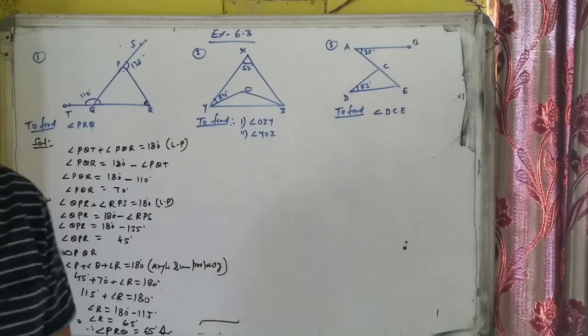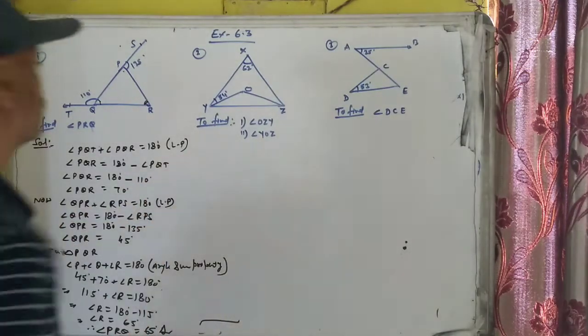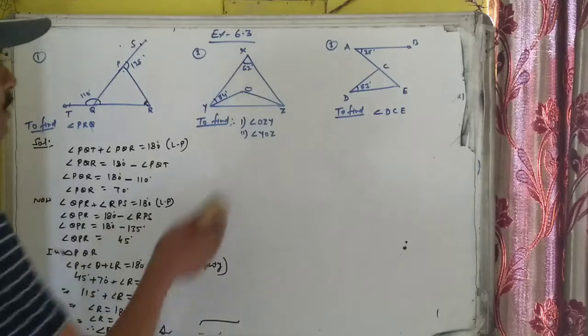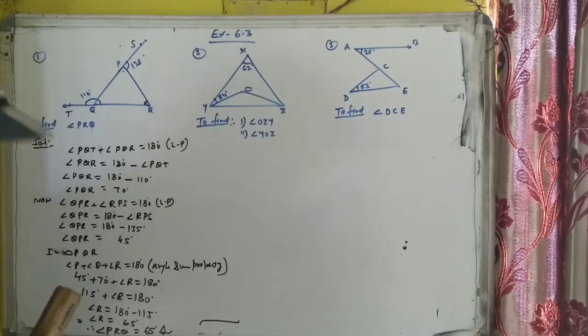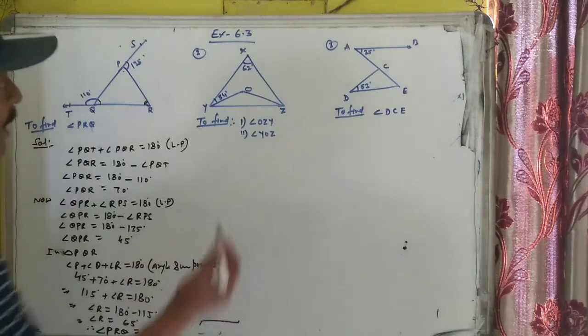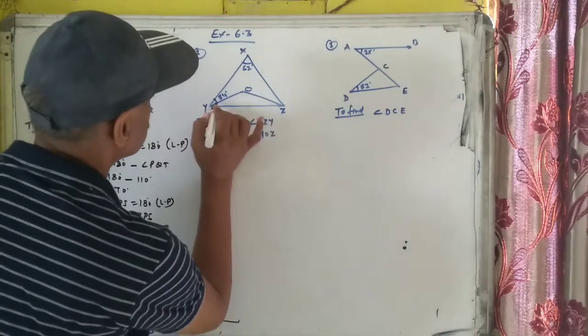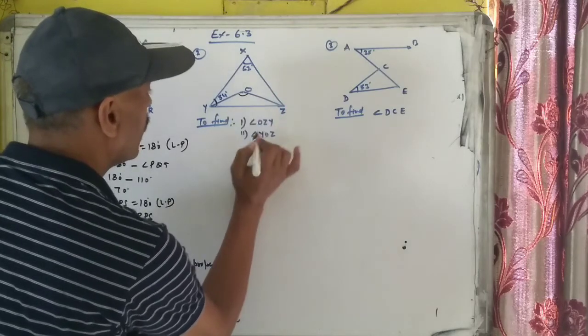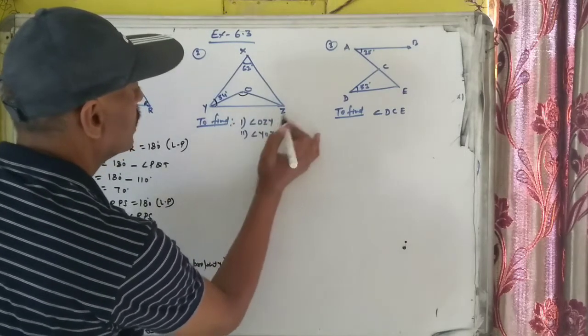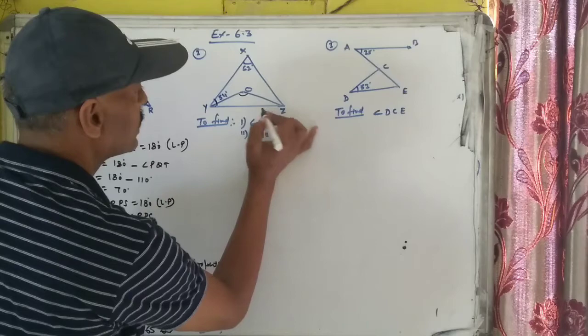Now for the second one, let us solve this question. In this question, just see, we have to find out this angle YOZ and OZY, this.